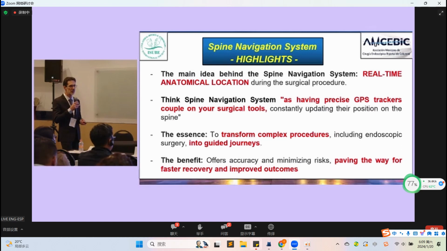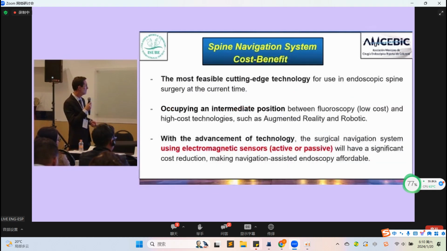The essence of navigation is to transform a complex procedure into a guided journey, like a travel by car using GPS. And the benefit: minimizing risk and paving the way for fast recovery of the patient.